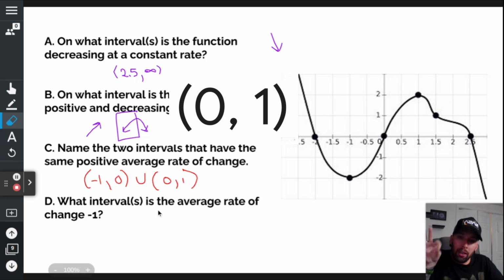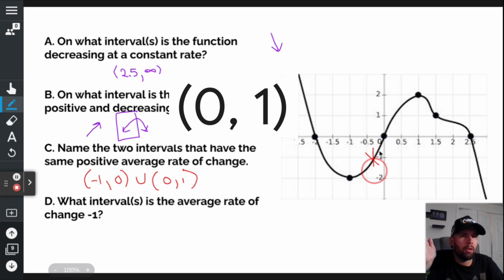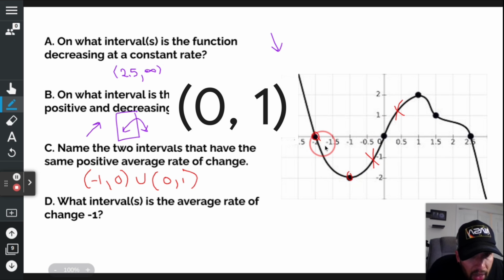What intervals is the average rate of change -1? All right, so we have a negative average rate of change. So I can't tell. Maybe you're positive, maybe, can't tell. All right, so I have 3 options here. If I were to connect this dot to this dot, that looks like it should be it because you go down 2 units, right 2 units. When you go down 2 units, you go down -2 because each unit on the y-axis moves by 1.